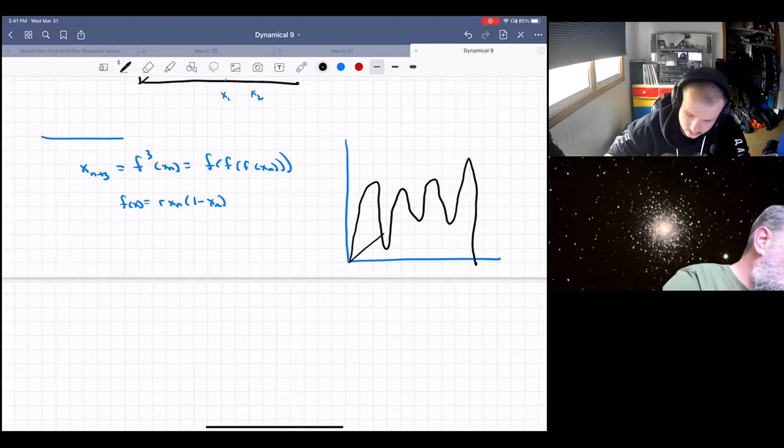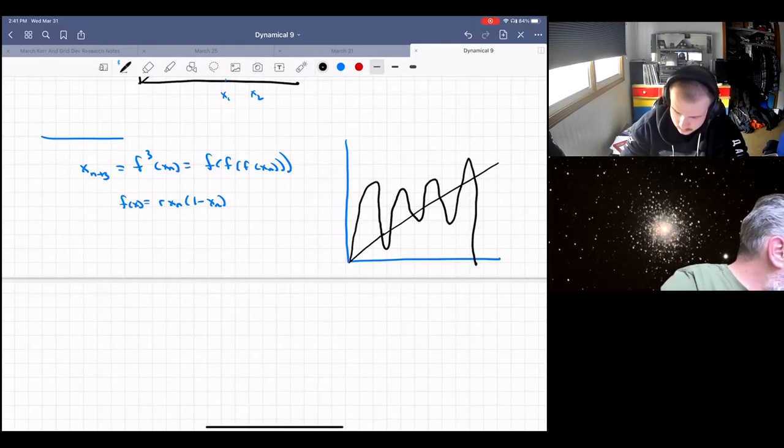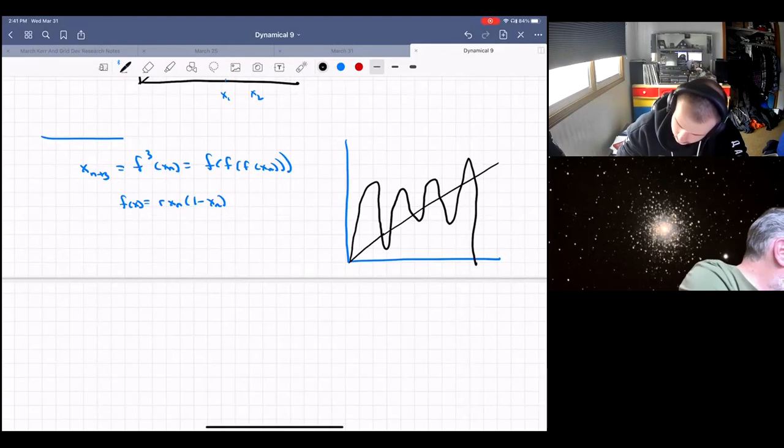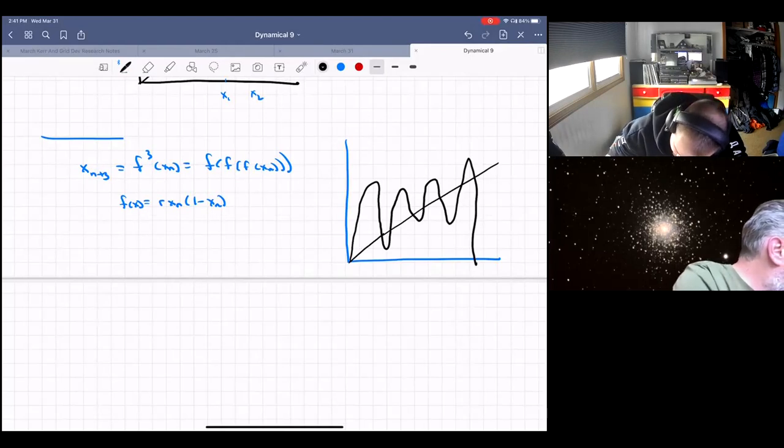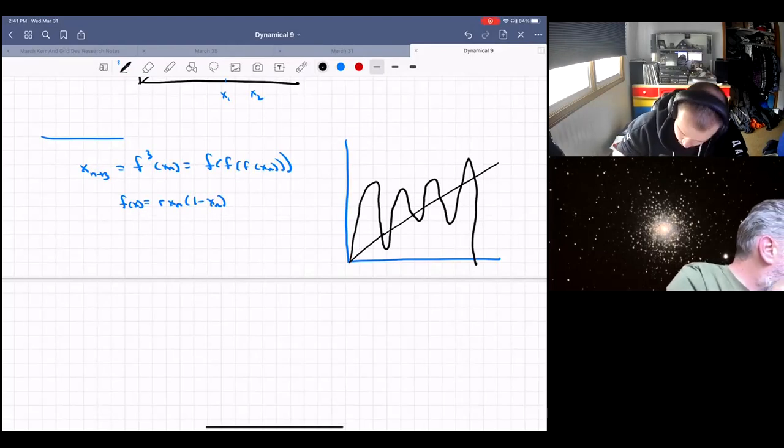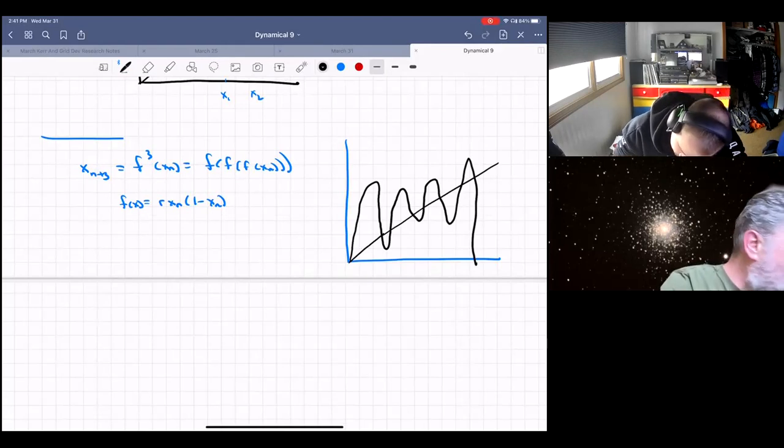And it cuts through here. And what you end up with, it's going to click this thing 1, 2, 3, 4, 5, 6, 8 times. Yeah, it clips through here a bunch of times.